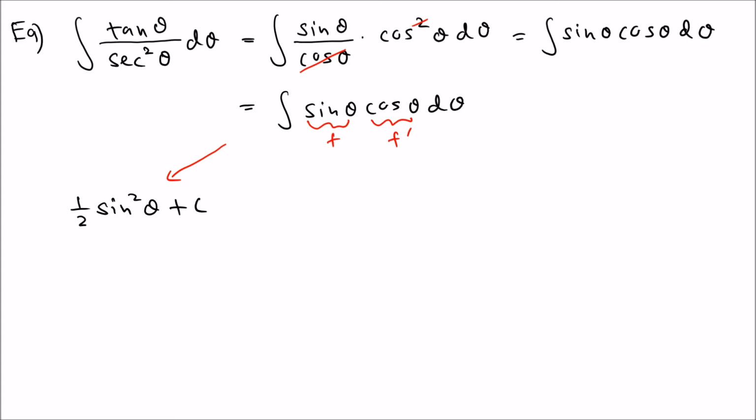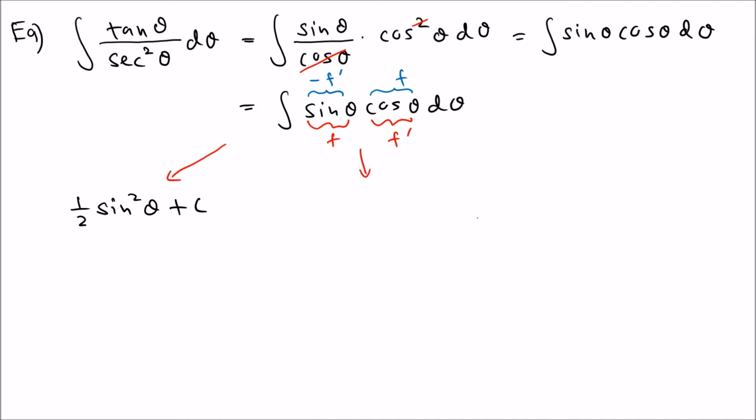That's what happens if you use f and f prime. The next one is, we can switch the order. We can say this is the function and that is the derivative. You can see only the negative sign is missing, so you can say negative derivative. That's the second technique.